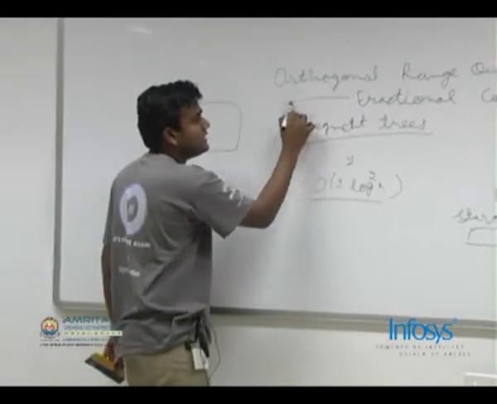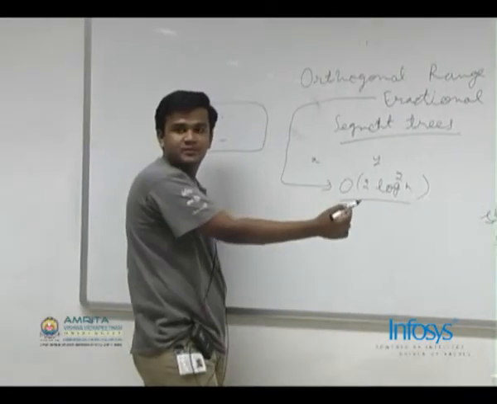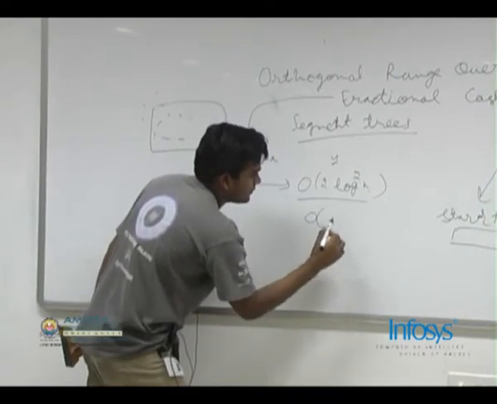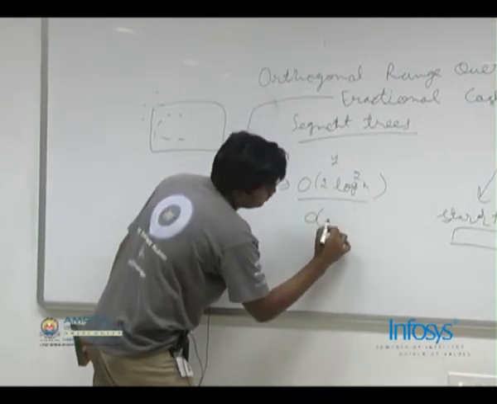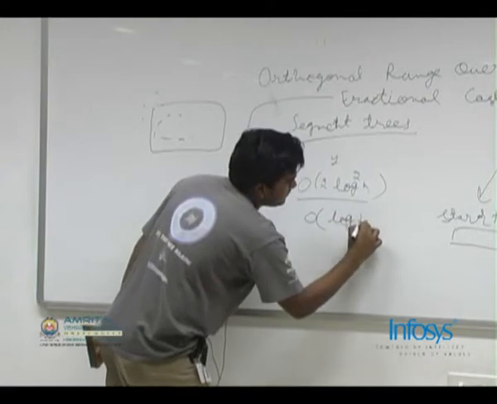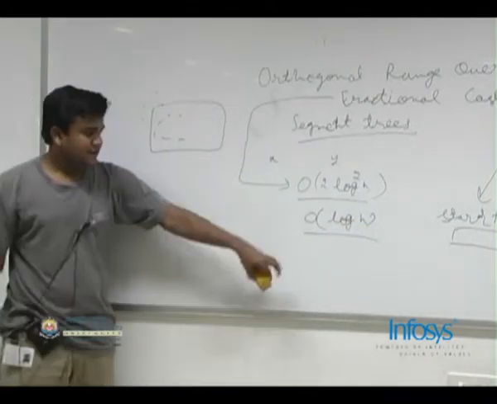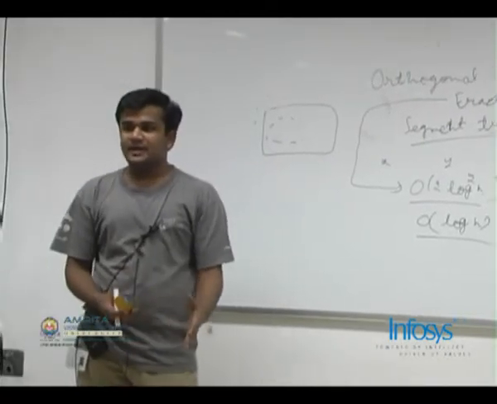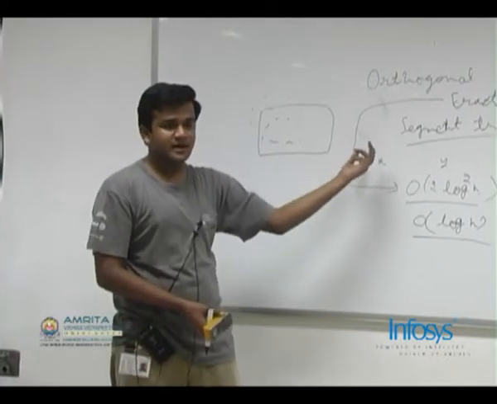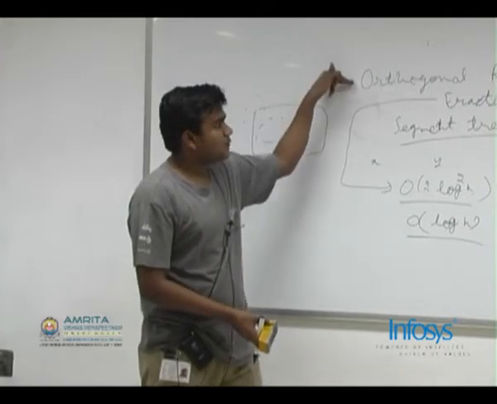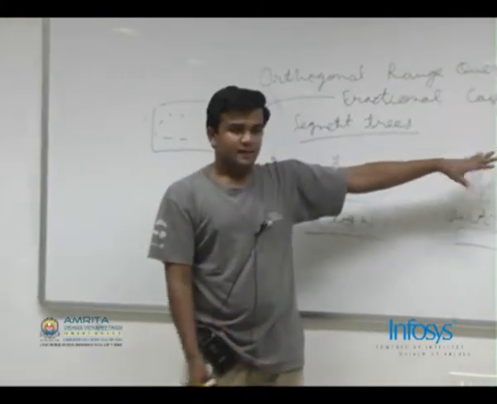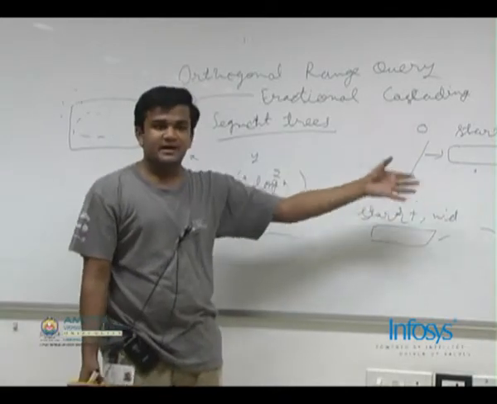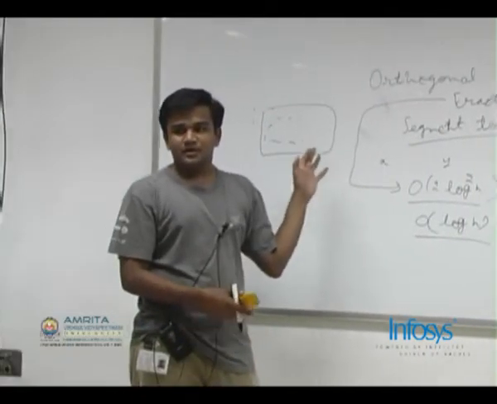Using fractional cascading, we can reduce the query time from order of log square n to order of log n per query. If you are interested, you can read up on this, but just for solving the problem D query, this optimization is not required. You guys understand segment trees anyway, I hope. So you can use segment trees to solve the problem D query. You can try it out today.